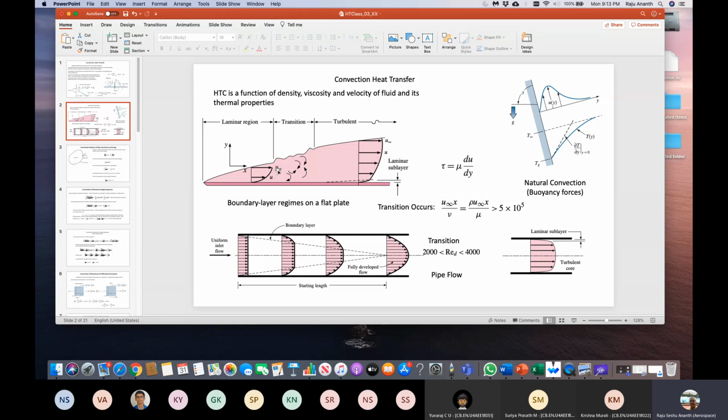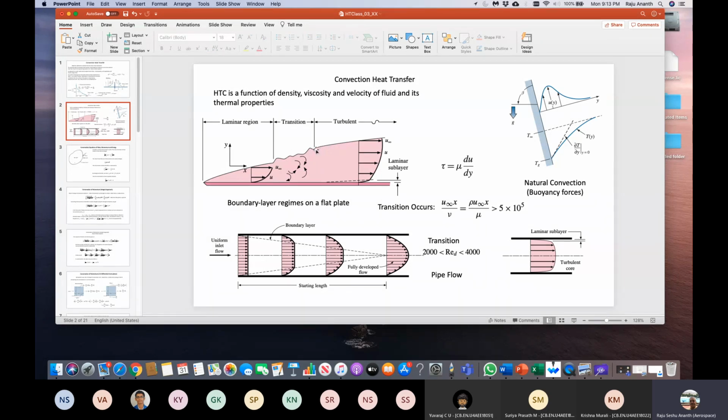The disturbance in the form of waves is generated at this interface, and that disturbs the flow, and u is not uniform anymore. u is varying with respect to x, and v is not 0 anymore. There should be a y velocity coming up. It's all chaotic. It's turbulent. So there is a transition region between laminar and turbulent, and it becomes fully turbulent.